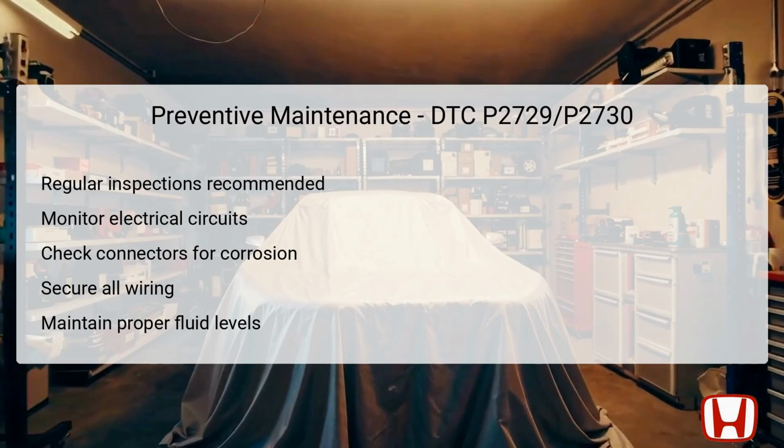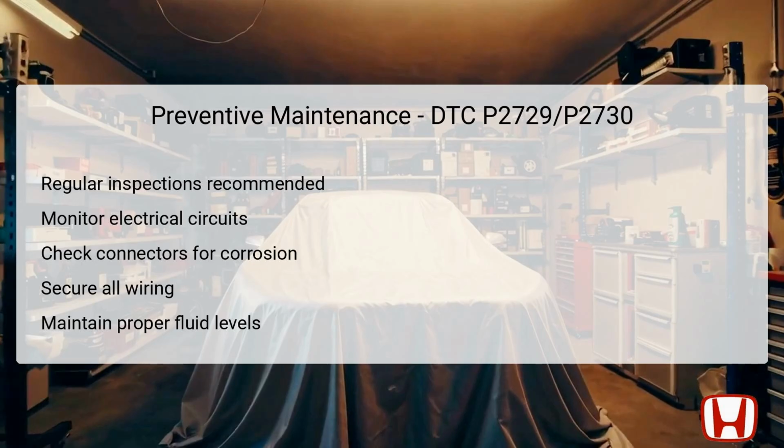Regular inspections of electrical circuits and connections should be conducted to ensure the integrity of the wiring remains intact. It's crucial to check connectors for signs of corrosion, which can lead to intermittent electrical issues or failures. Make a habit of securing all wiring to prevent wear and potential shorts, especially in high movement areas.